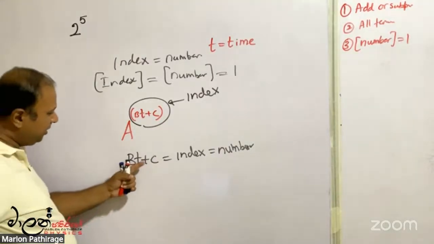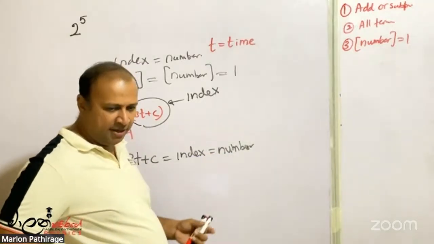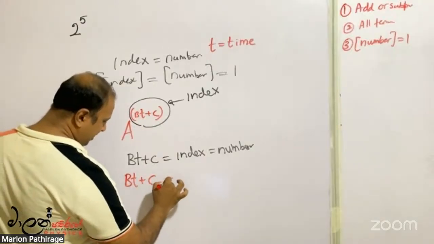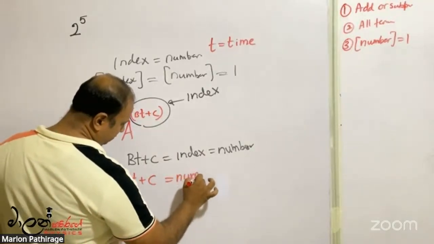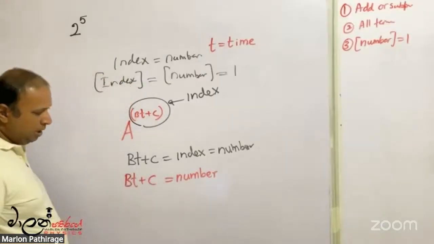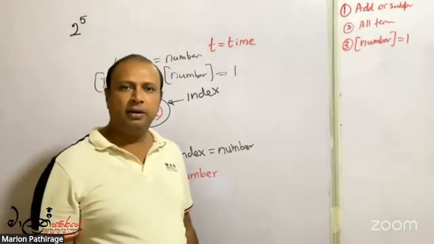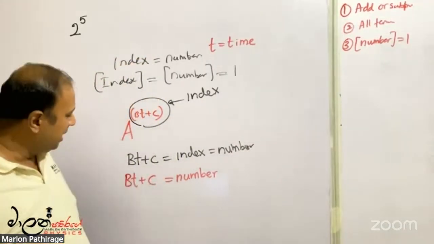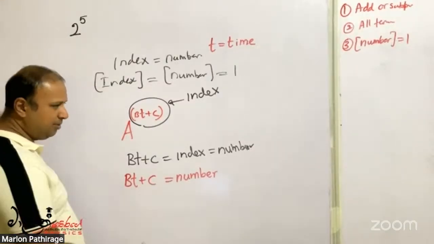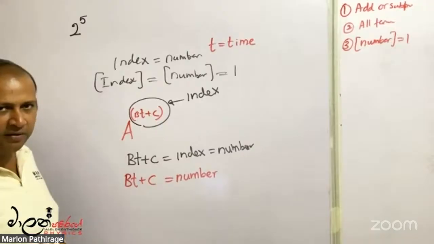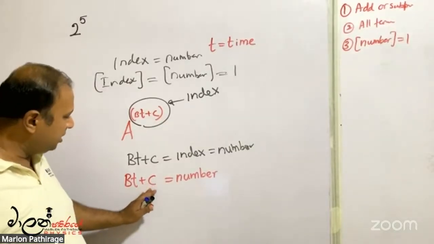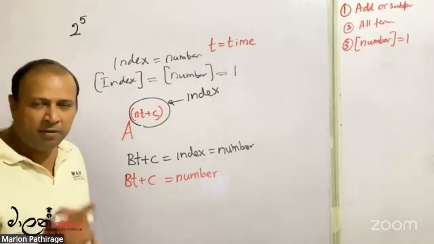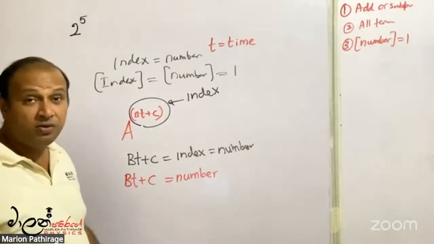Now you know bt plus c is a number. And you know, according to our previous rule, in the first rule, addition or subtraction can be done only among similar physical quantities. In other words, in the second rule, all the terms in an equation should have the same dimension.